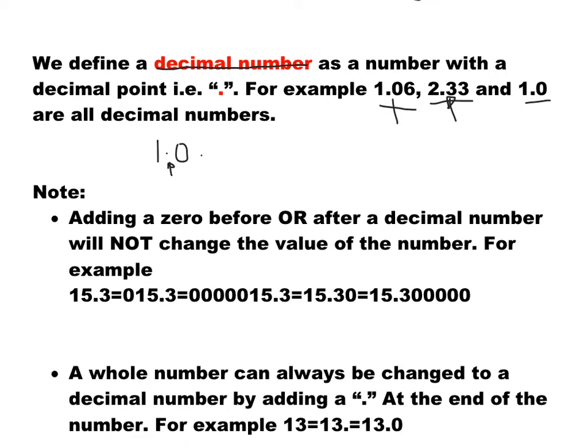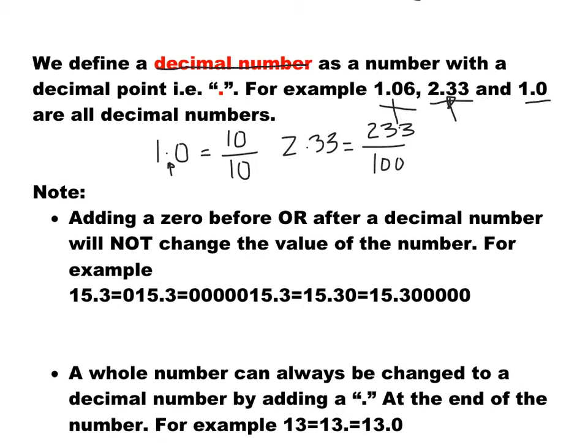So this means that 1.0, I can write it as 10, which is the number 1.0 without the decimal, divided by 10, because it's one decimal place. Another example, 2.33 is the same as 233. Now, there are two digits after the decimal point, 3 and 3. So this means I have to divide 233 by 100.